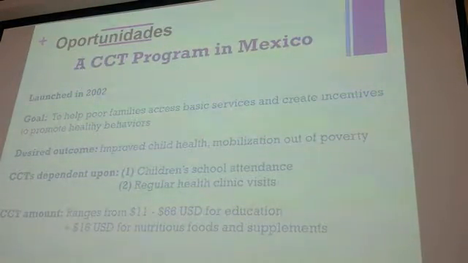And then the specific outcomes that were measured were related to child health, indicators of poverty, and sometimes school attendance. And just to give you an idea of how much was offered as a conditional cash transfer, it would be about $11 to maybe $70-ish for education, and then about $16 each month for nutritious food and supplements if you met those check-ins of going to the doctor and keeping your kid in school.